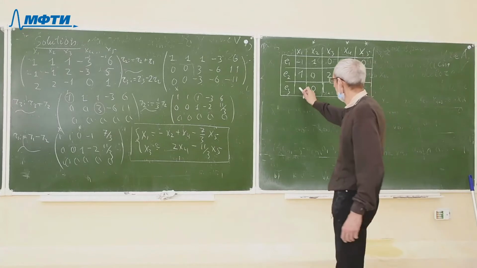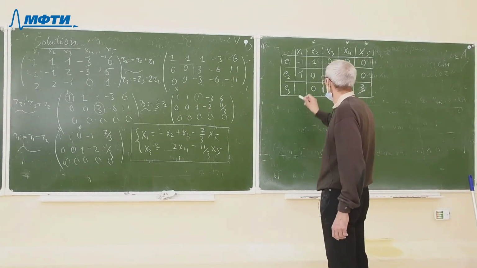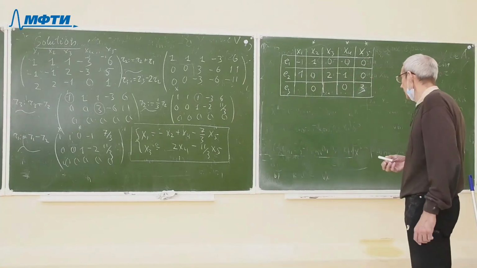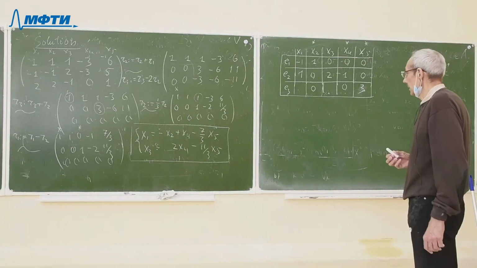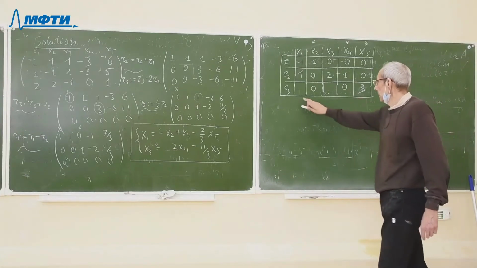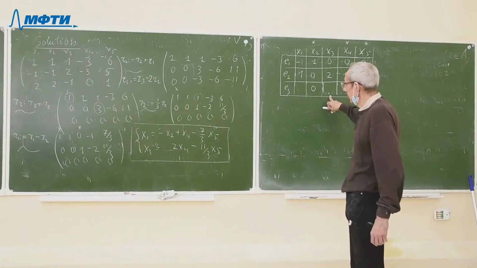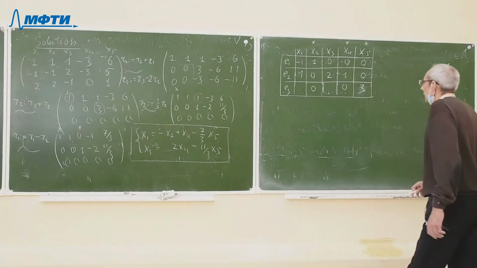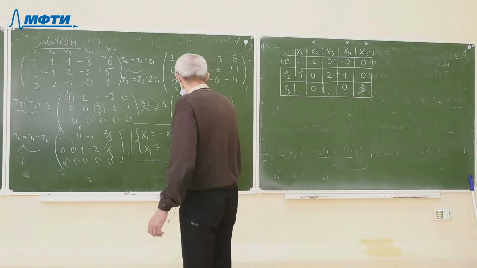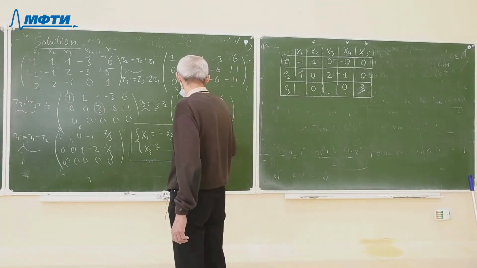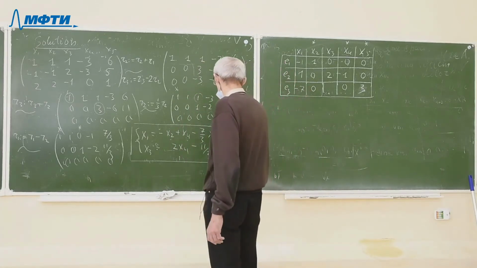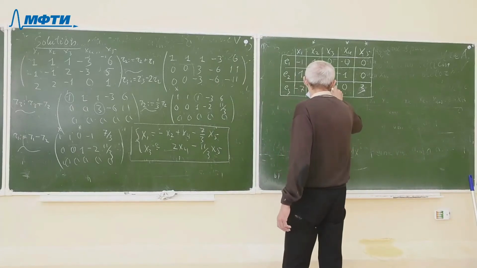In this case, I obtain the values of the other coordinates as integer numbers. If I put this variable equal to 1, I obtain rational numbers, maybe less convenient. So x5 is equal to 3, and this variable 0, this 0, and this is equal to minus 7, and this is equal to minus 11.